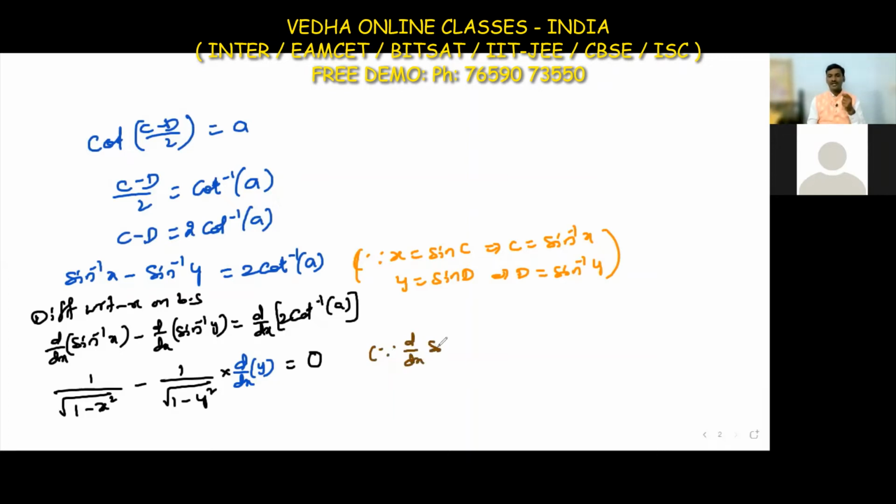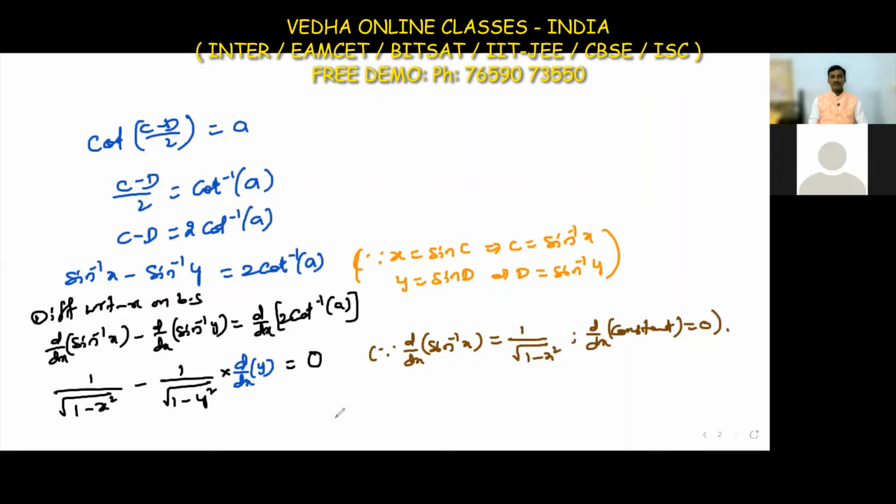What formula did we use here? d by dx of sin inverse x, 1 by root of 1 minus x square, is a very important formula here. And what is the derivative of a constant? It is 0. Now take one term to that side.